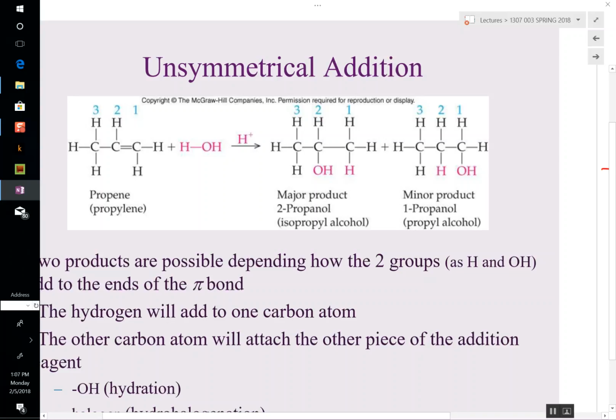Keep in mind, Markovnikov isn't deciding how this is going to happen. He's investigating what's going on here. And he's finding this is empirical data. This is where you go in the lab, you do something, you see what the results are. So he did it with other alkenes. He did it with a bunch of alkenes. And there are many of them where there are two possible products.